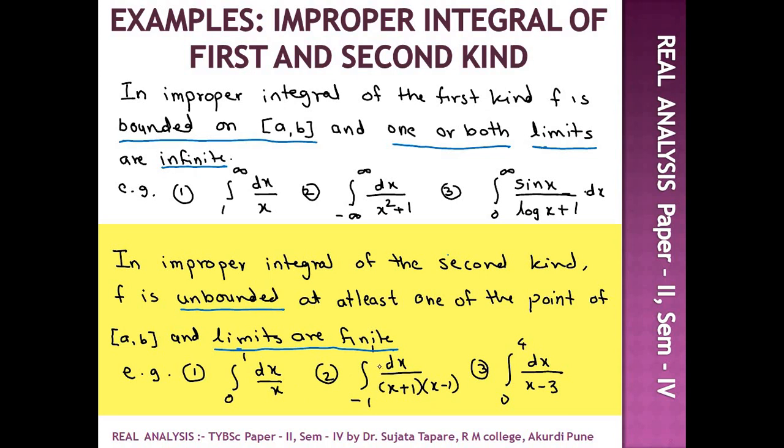Next, 1/((x + 1)(x - 1)) is unbounded at x = -1 and +1, so at both limits. And in the third example, the function 1/(x - 3) is unbounded at x = 3, and 3 belongs to the interval 0 to 4.